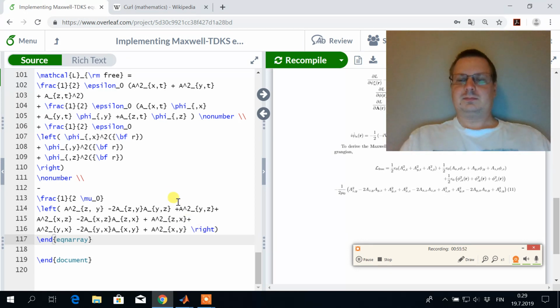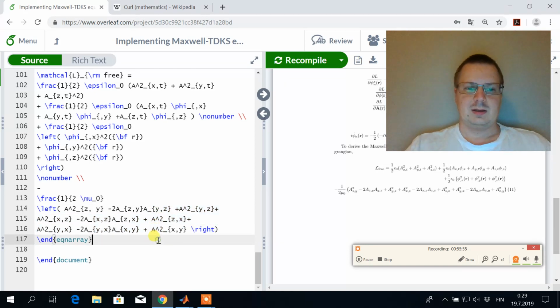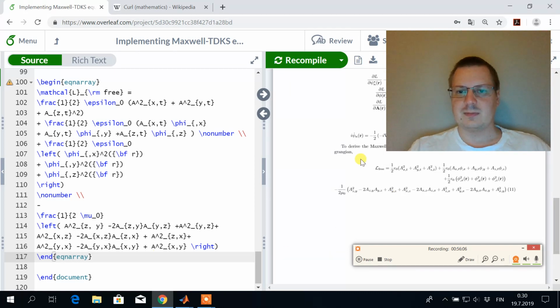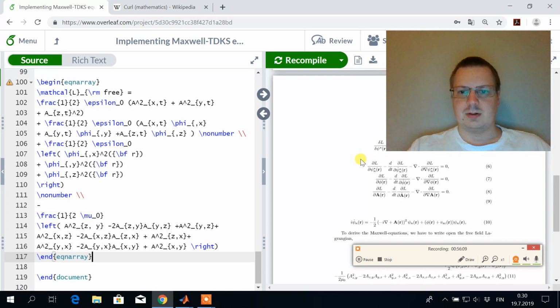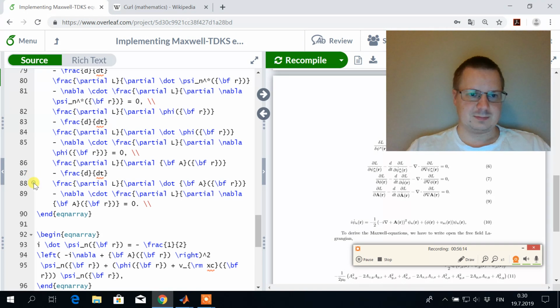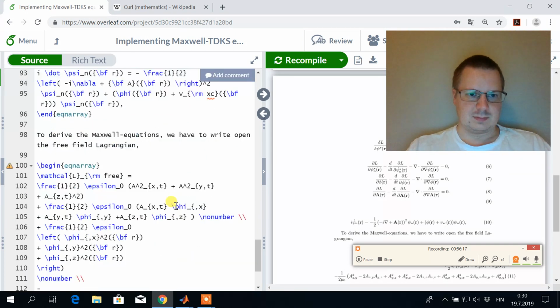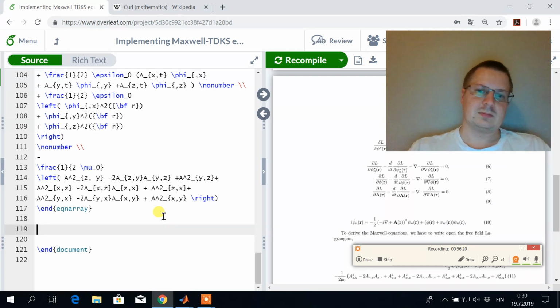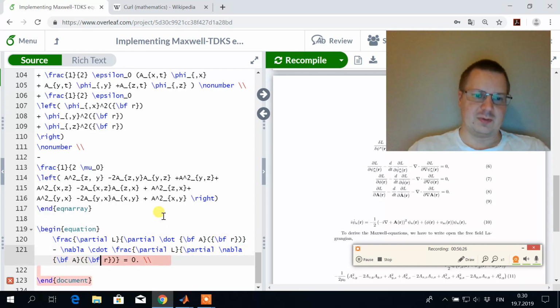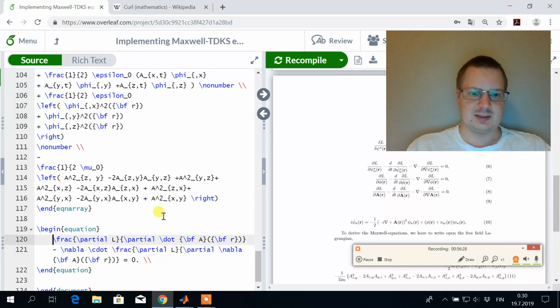So, let's see. First we need to take time derivative with respect to ax. So okay, this is a vector equation here. I think it will be worthwhile vectorizing it as well. So we call this ax.